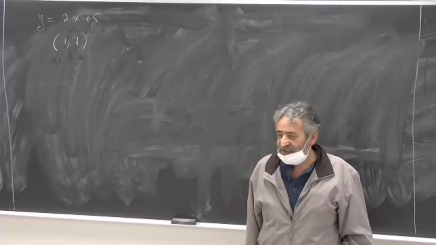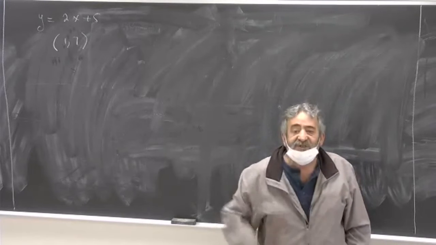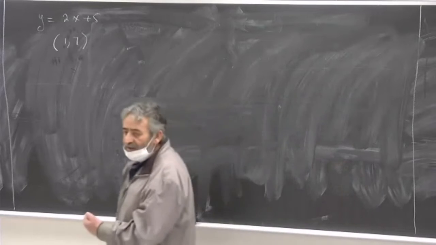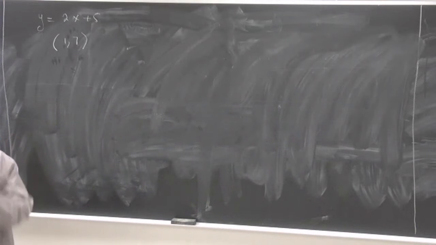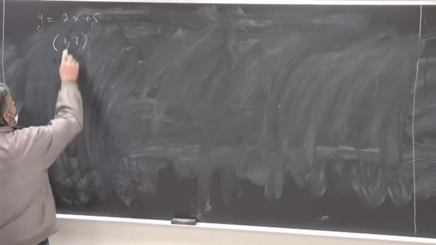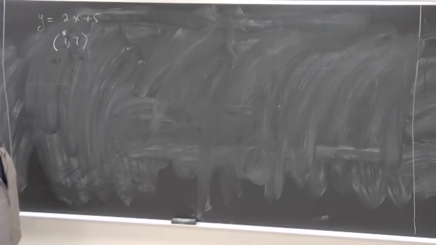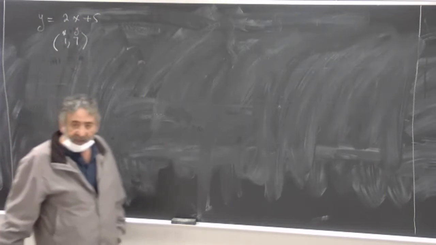If I want x to be the vertical line, I will let you know. But in general, if you're given a point x, y, then we know x is the horizontal line, and y is the vertical line. So this is your x value for that point. This is your y value for that point.